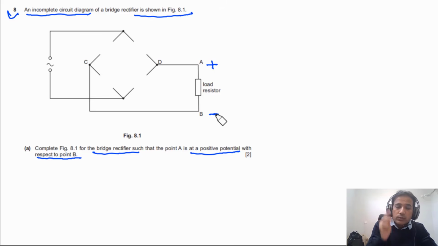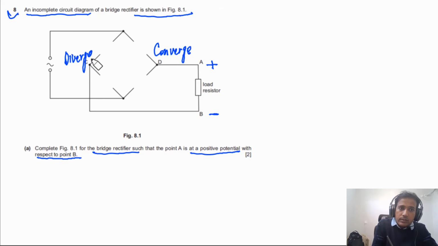One thing you need to understand is that I often tell students: the side where diodes converge, that is positive. The side from where they diverge is connected with negative. So this means diverge, and this means converge.